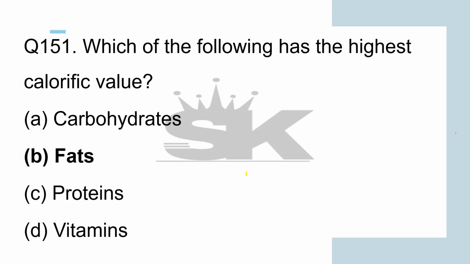The reason for this is the amount of oxidation that takes place as these compounds are converted to carbon dioxide and water. Calorific value is nothing but the energy released by a particular group of food or molecule on complete oxidation.